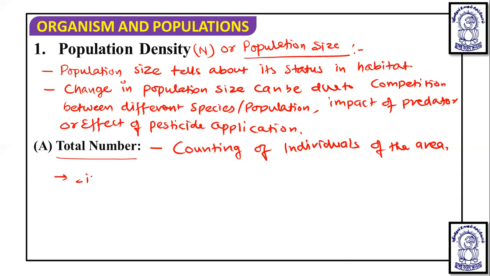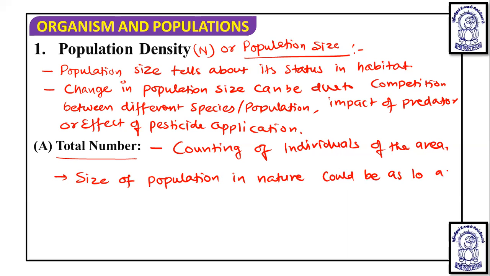Now it is known that the size of population in nature could be as low as less than 10, that is Siberian cranes at Bharatpur in any year.